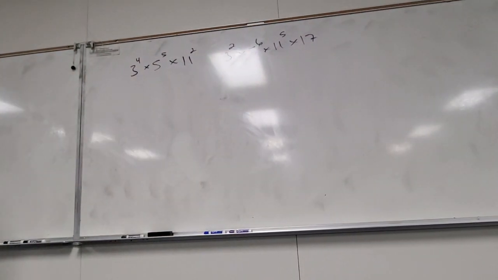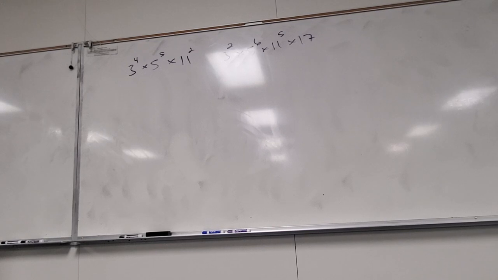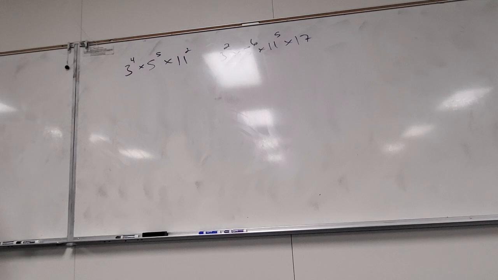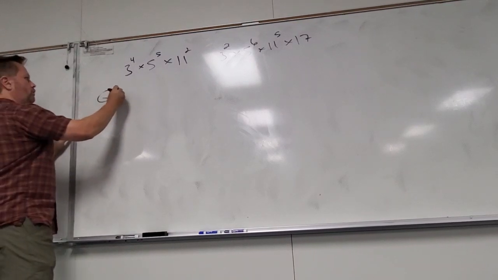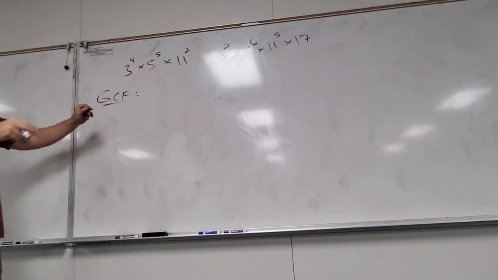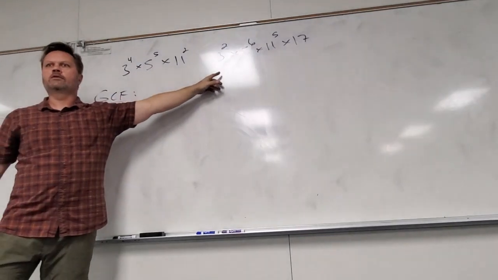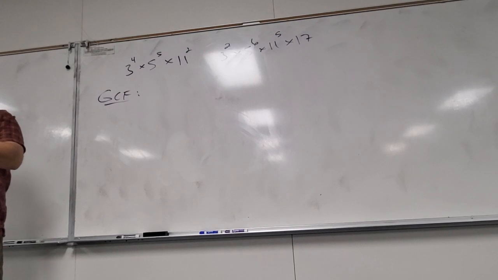So GCF, what's the C stand for? Common. So what number would not show up in the GCF that's in one of these numbers? 17, because would you say 17 is common? Okay, so do you see what I'm saying? Already we know 17 is not going to be part of the GCF because it's not a common factor. The shortcut we eventually get to comes from this. This guy's got 4 3s, but this guy over there only has 2, so how many 3s do they have in common? 2.